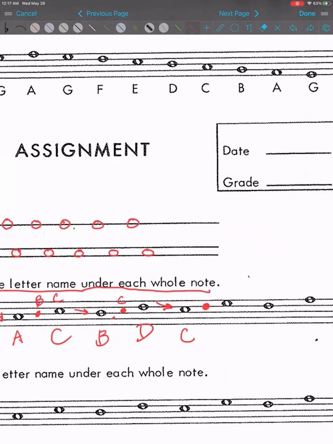So we're going to count C, D, and then E here. Now E is going to come down again, backward one more letter. So it's D. And then again, D going up to another note, but there's another space note between them. So it's D, E, and then F.